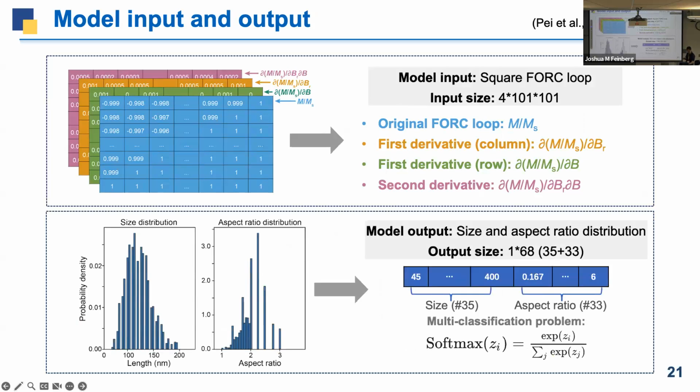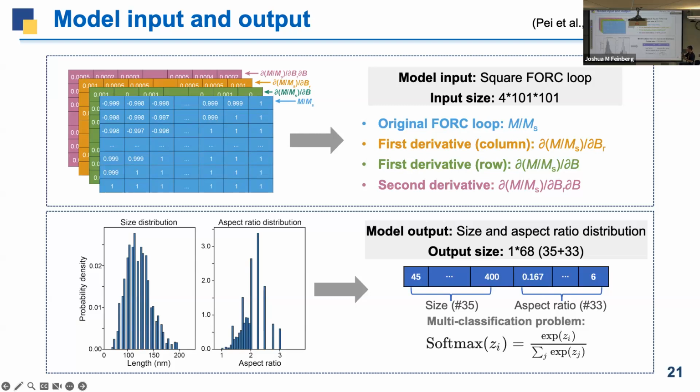And the output of our model is the size and aspect ratio distribution. The output size is one-dimensional, with only 68 parameters. Why do we only select this narrow range? Because we only have data in this range. So we want this prediction to be a classification problem.